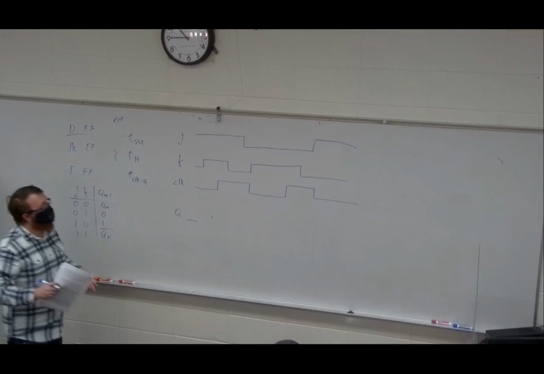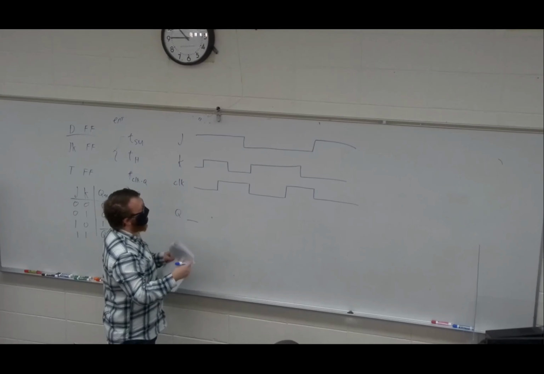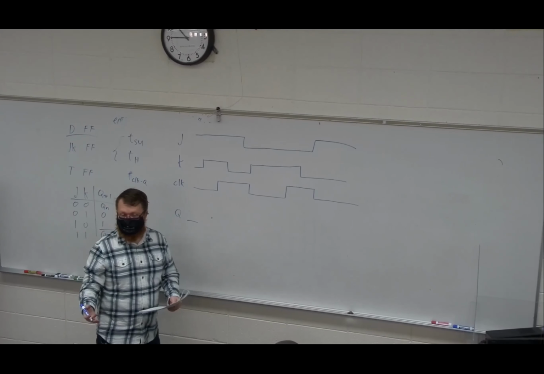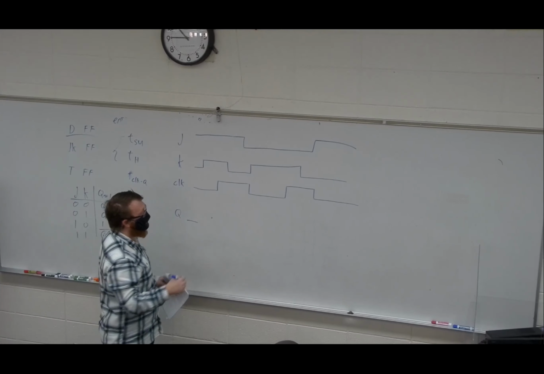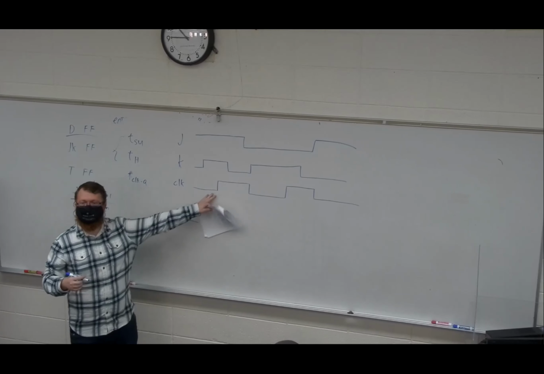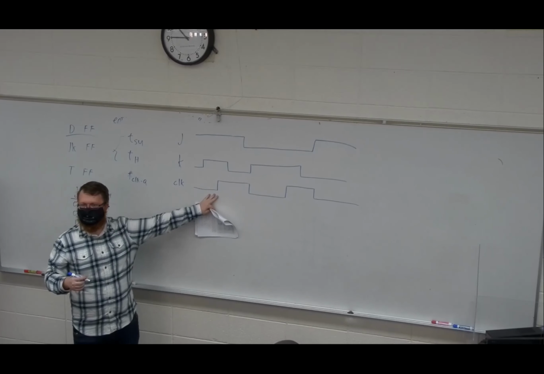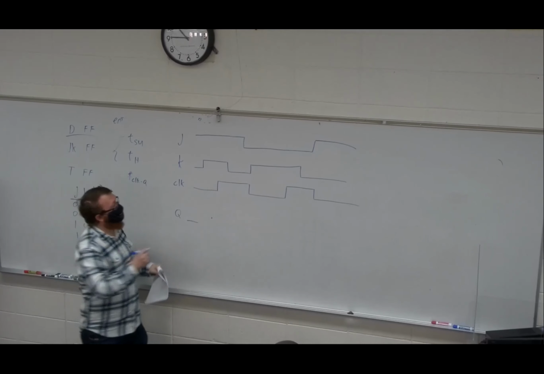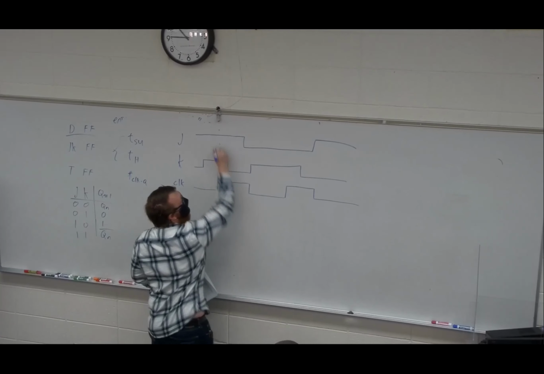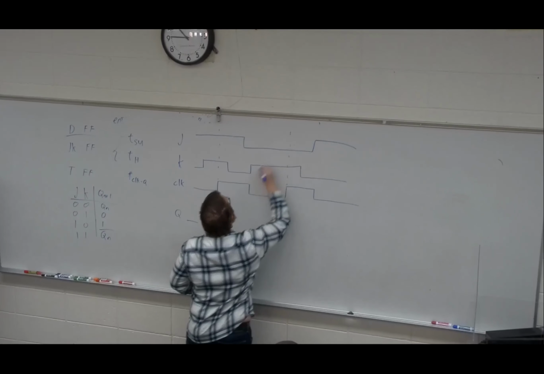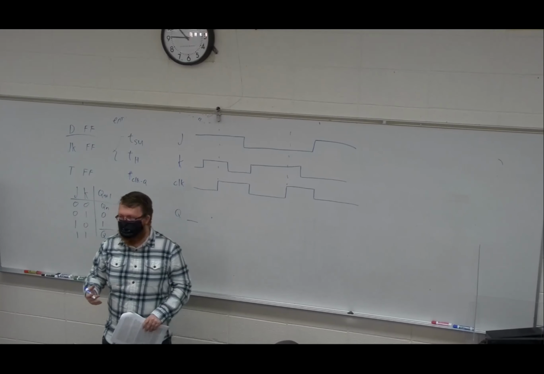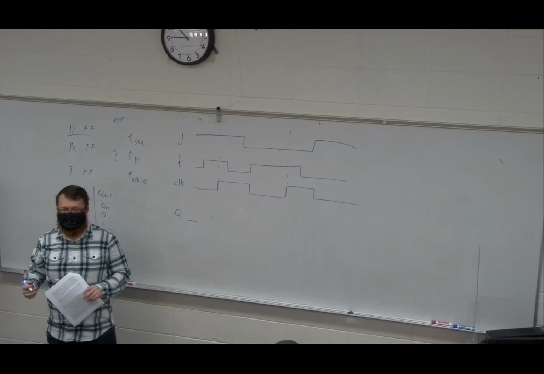So we care mostly, right? The most important thing on this diagram, where are the important points on this timing diagram? The rising edge of these clocks. So other than those, Q will never change, right?